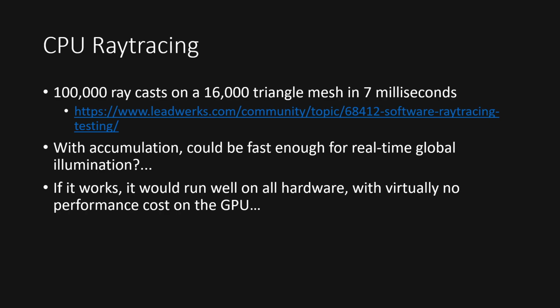No. But if you were using accumulation, which every real-time ray tracing implementation does, could that be fast enough to calculate real-time global illumination? It's in the range of possibility. If it works, it would run well on all hardware with no performance cost on the GPU.